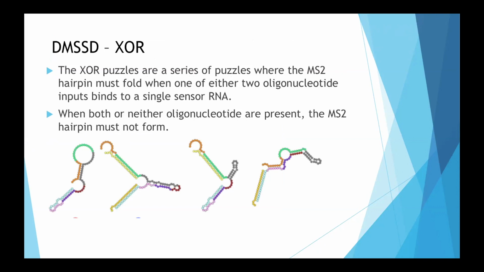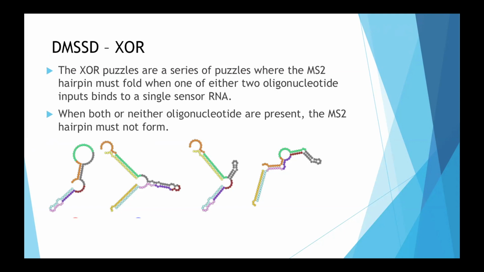We originally used DMSSD for the XOR puzzles, and the XOR puzzles were arithmetic puzzles that had the MS2 hairpin as a signal, where the hairpin must fold when one or the other of two oligonucleotide inputs bind to a single sensor RNA.